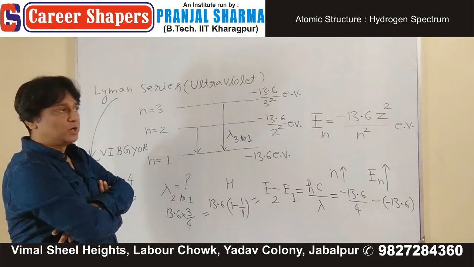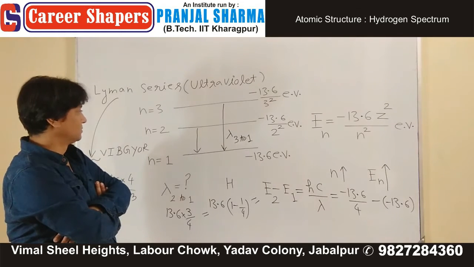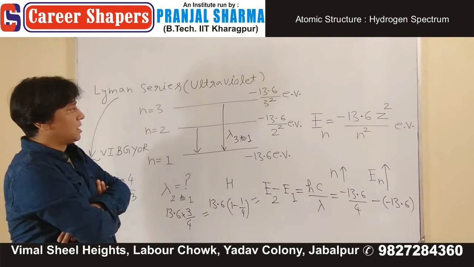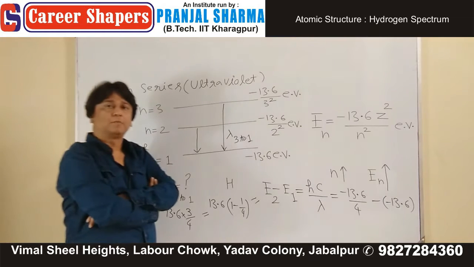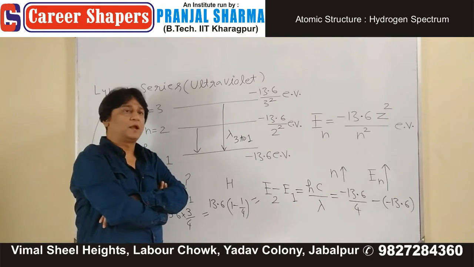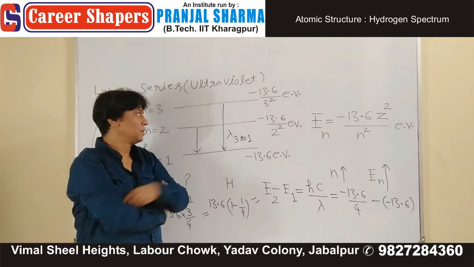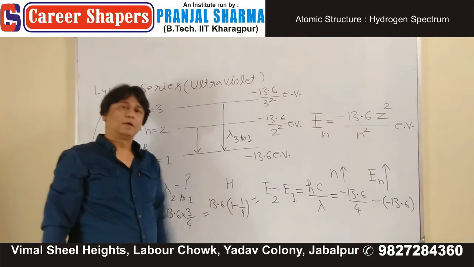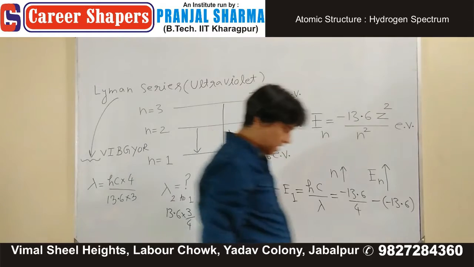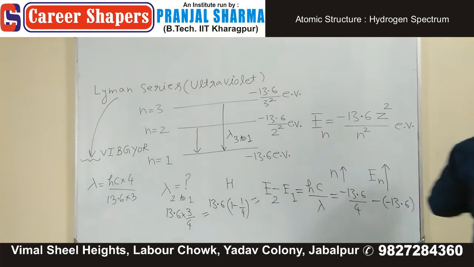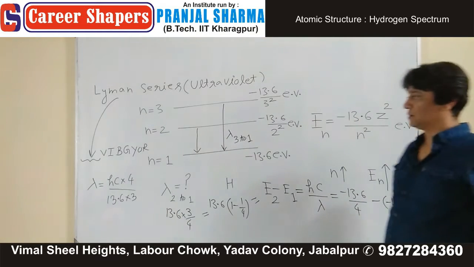An electron jumps from n equals 3 to n equals 1.